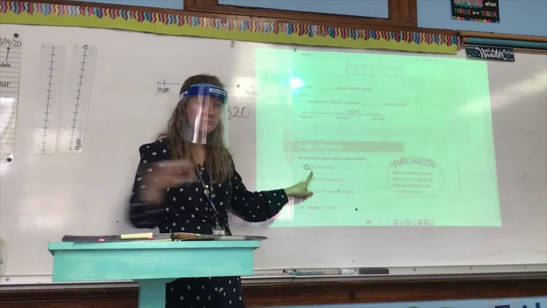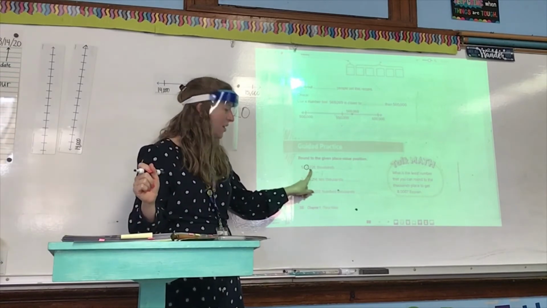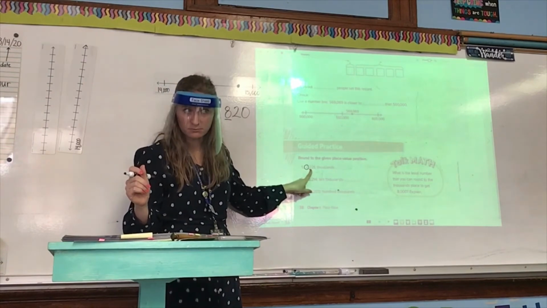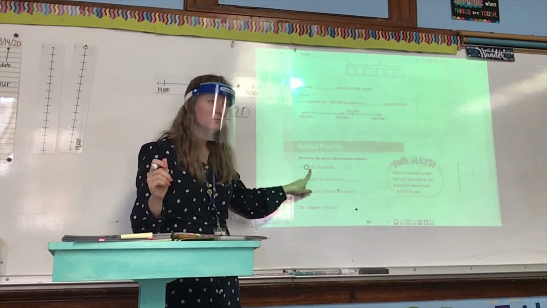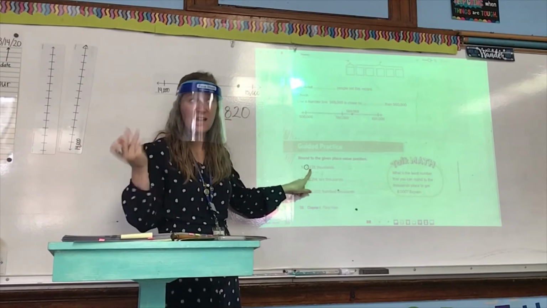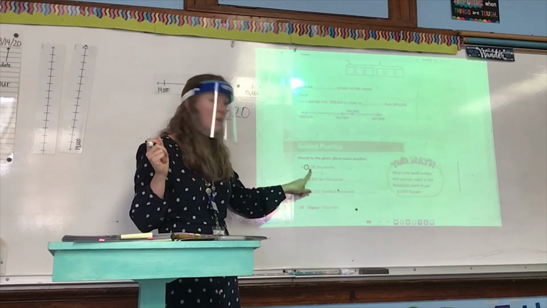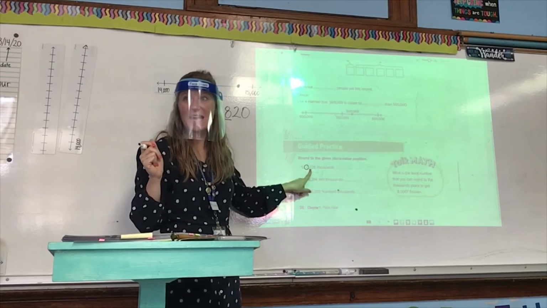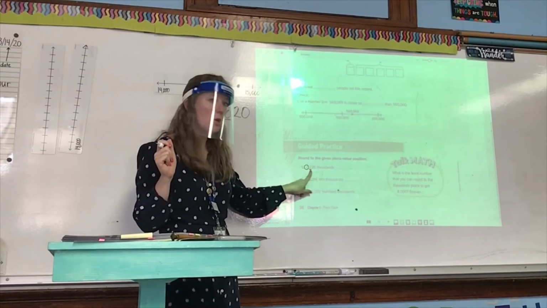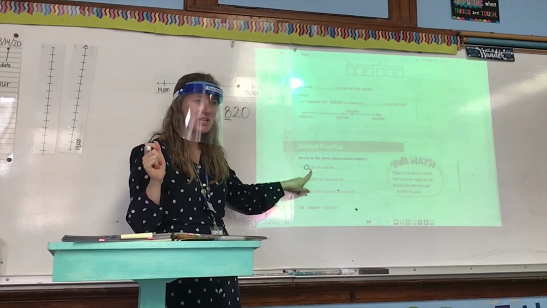We let it rest. If this underlined digit is 5 or more, we let it soar. So, let it rest means add how many? 0. Let it soar means add how many? Class? 1.